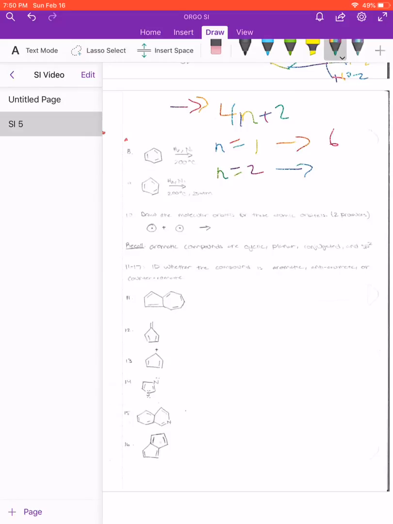N does not mean the electron number, and n does not equal the double bond number. n is just an integer. So if n equals 2, then the 4n plus 2 rule means that the equation is going to equate to 10, right?